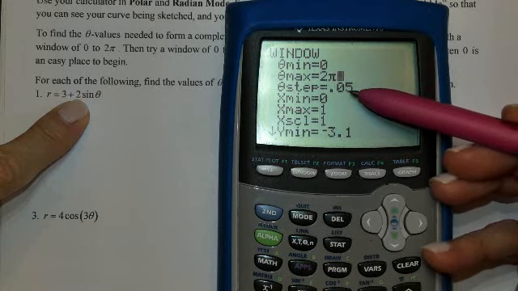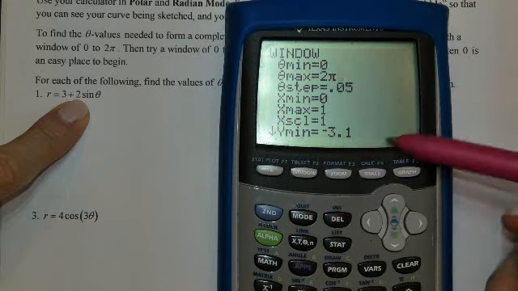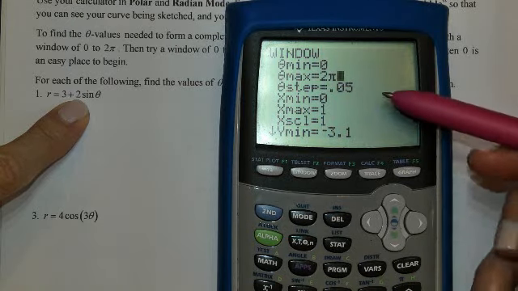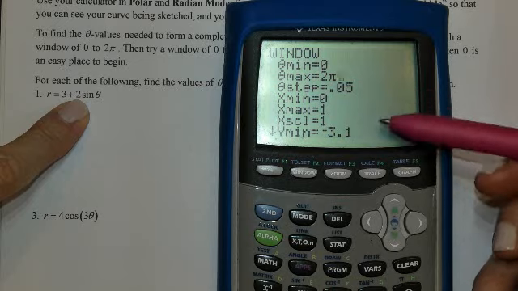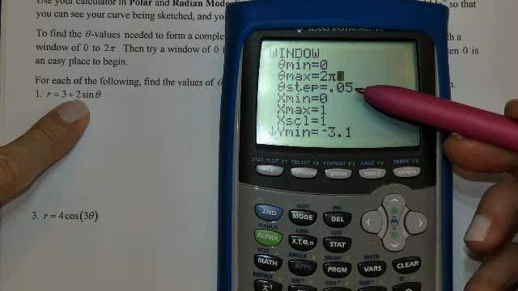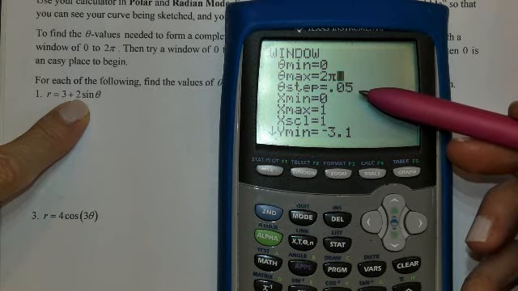Now, this step value, theta step. The higher this is, the fewer points are going to be graphed, and the graph will be more jerky. The smaller it is, the nicer your graph will look, but the slower it will take to graph. So you don't want to make this too small, because then you're going to be sitting here for an hour watching this graph make.